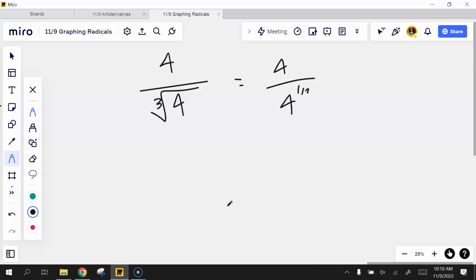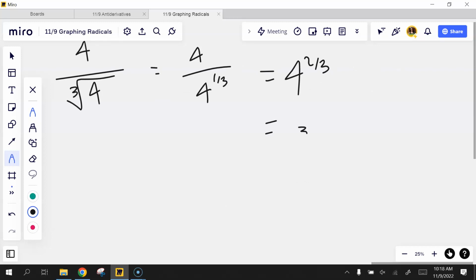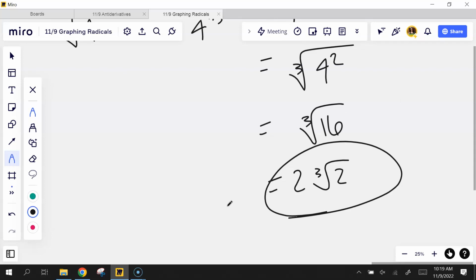This is 4 to the 1/3, so just subtract them. 1 minus 1/3 is... And then I can try to simplify because it's the simplest radical form. Cube root of 4 squared, which is the cube root of 16. Does that split up any? It absolutely does. 8 and 2. So 2 cube root 2. That was fun.